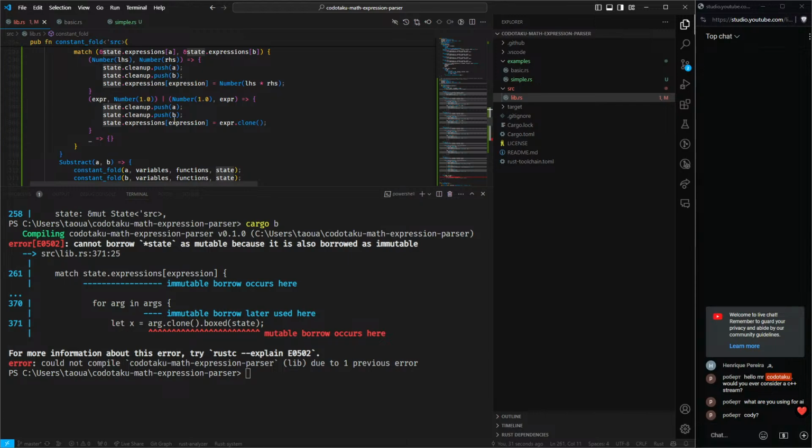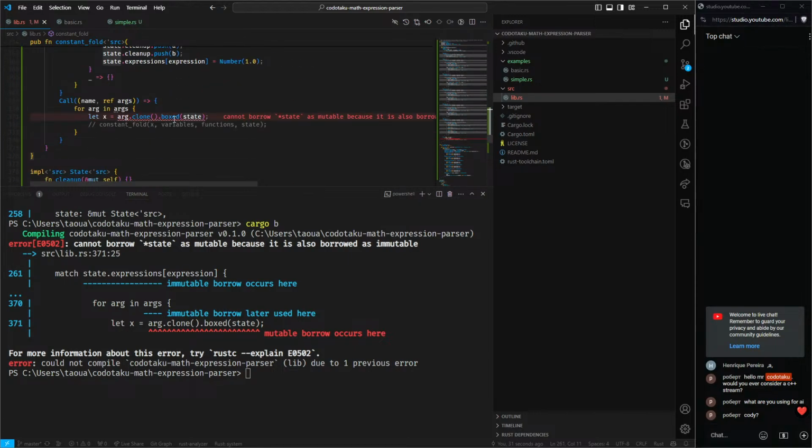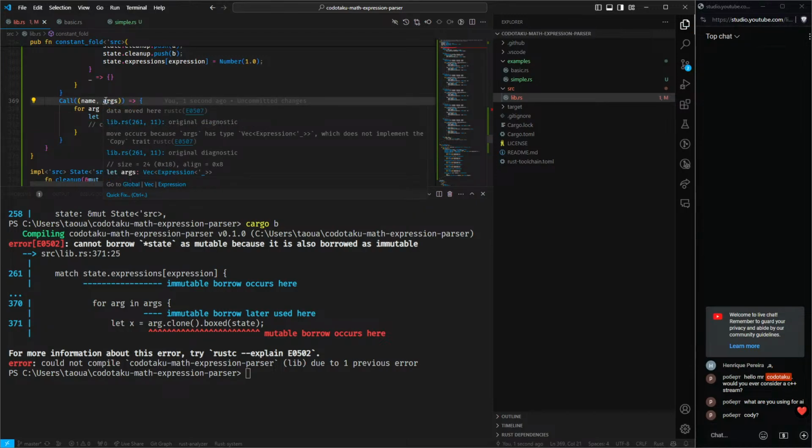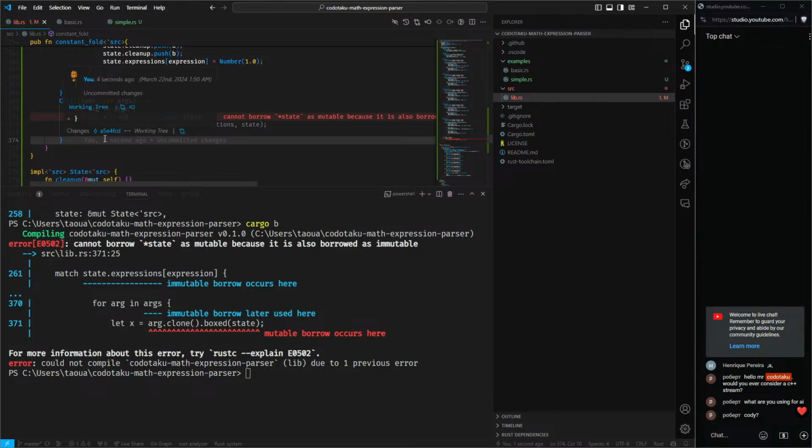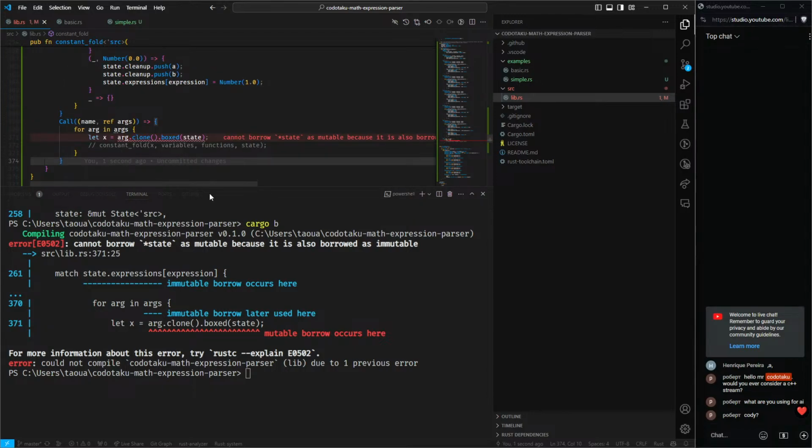Anyways, immutable borrow later used here in arguments. But I guess we cannot use this, right? Am I correct? Okay, that sucks.